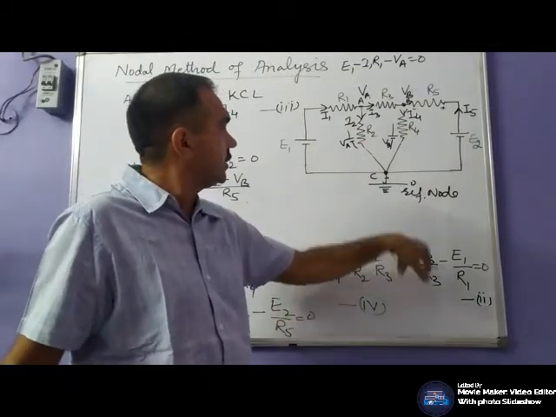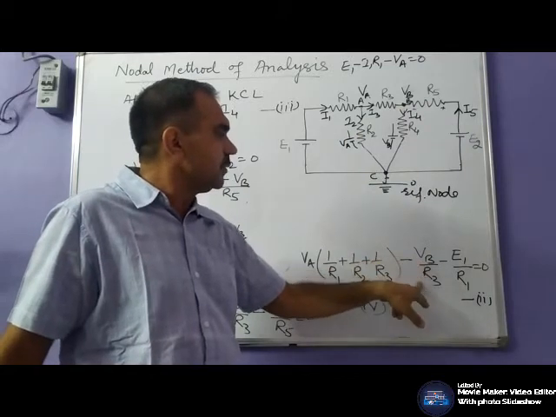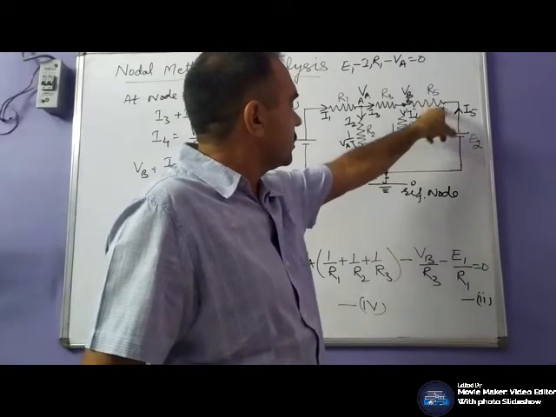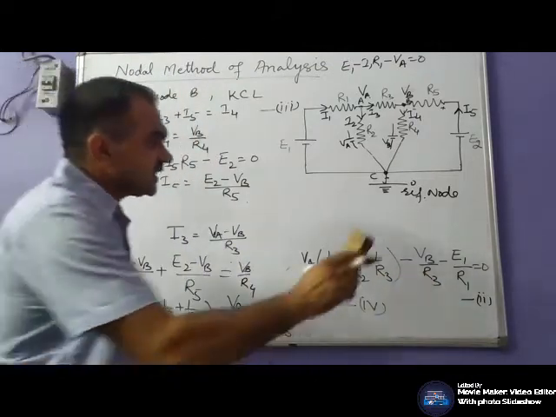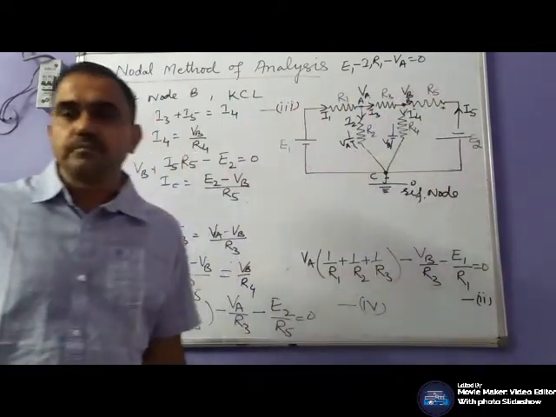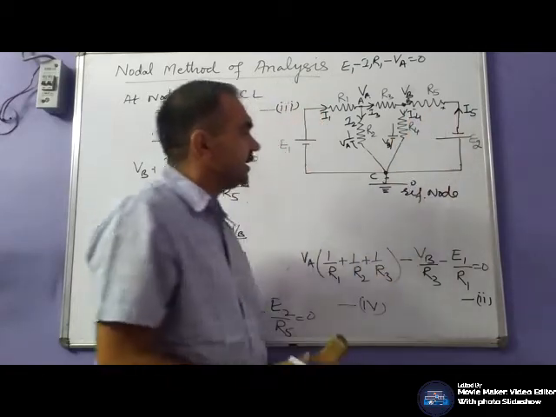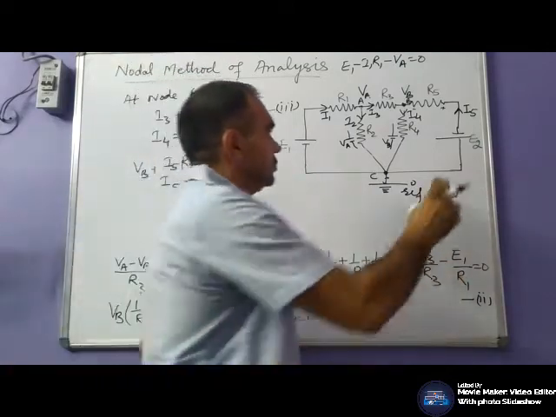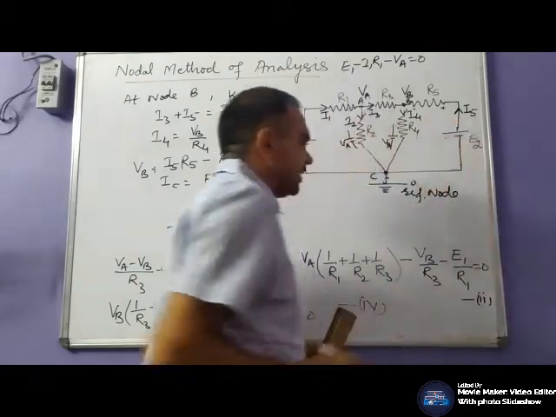So this would be minus VB by R3. This end is positive, this one is negative. So we will consider minus E1 by R. If the sign of this source is reversed, अगर ये हायर पोटेंशियल एंड हो जाए, ये लोअर हो जाए, then it would be plus E1 by R. This is for our simplicity.